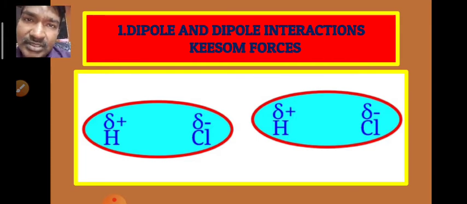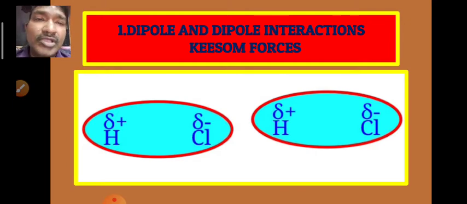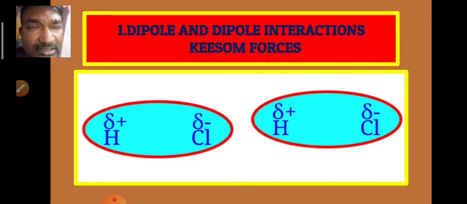So, heteroatomic molecules generally exist as polar molecules. We call them dipoles also, because we see the positive charge at one end and negative charge at the other end. And as the charge separation is there in the dipoles or polar molecules, certainly attractions exist among the oppositely charged poles.